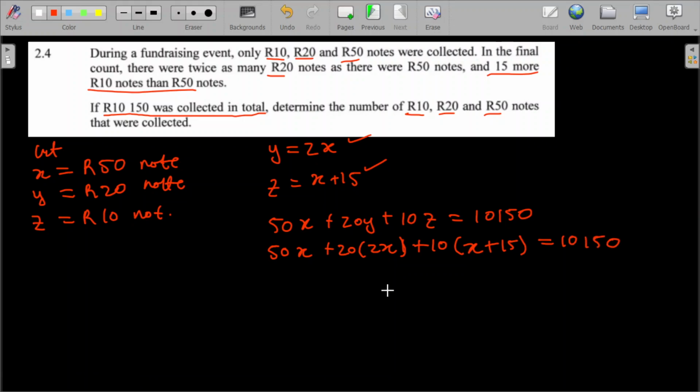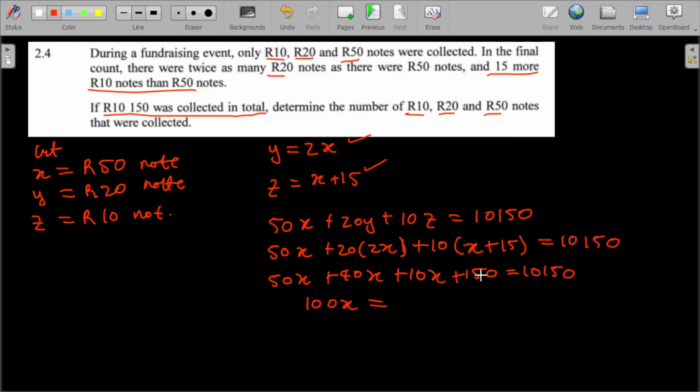So from here, let me keep the 50x, and then 20 times 2x gives me 40x, and then opening the bracket gives 10x, and 10 times 15 gives me 150, is equal to 10,150. Then adding the like terms that have x gives me 100x.